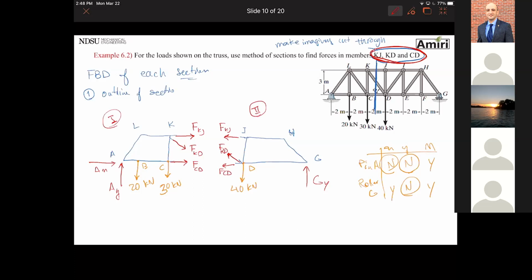Let's say you decide to pick free body diagram number 2 and solve it. How many unknowns do you have on free body diagram number 2? 4.